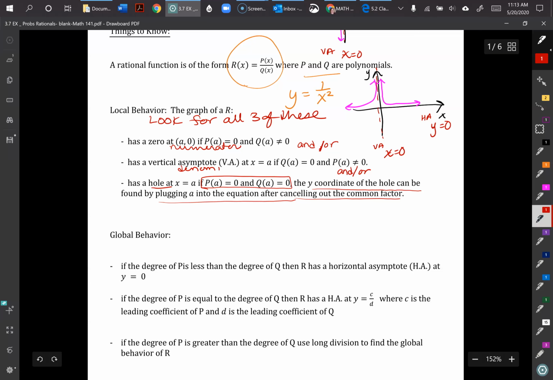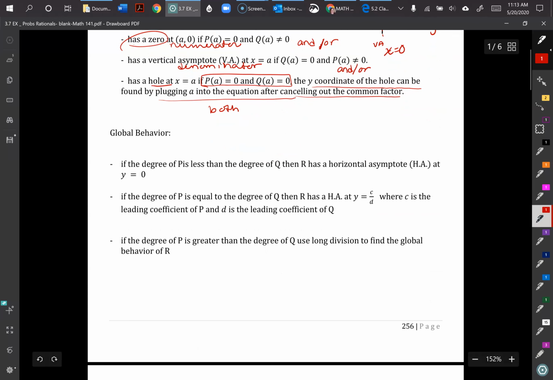When is that 0? And for holes, we're looking for both, numerator and denominator. Just to point out, the whole fraction is equal to 0 if the numerator equals 0, and if the denominator equals 0, the whole thing's undefined, and that's where our vertical asymptotes are. It's also undefined at 0 over 0, right?